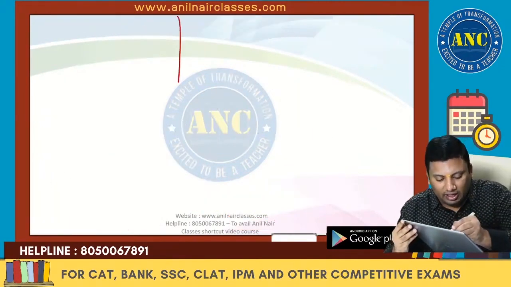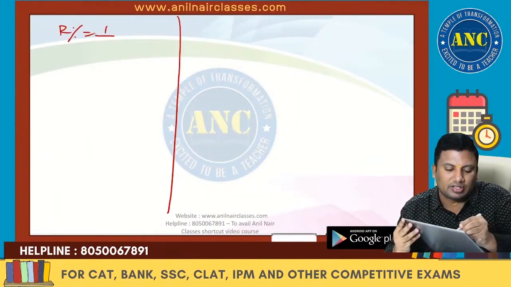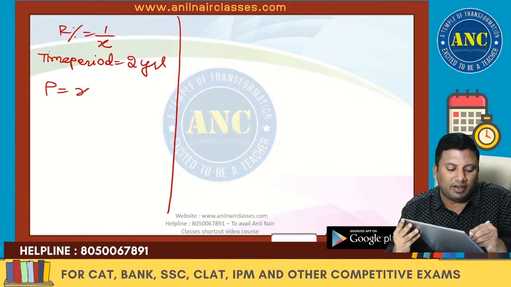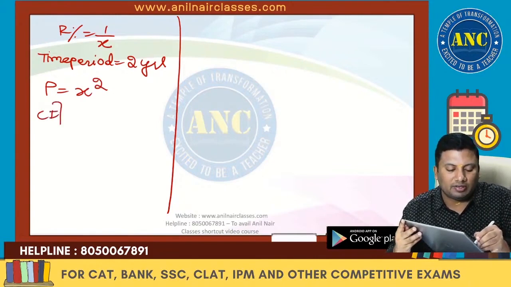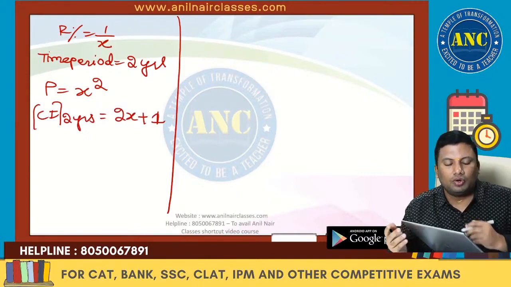First we will write down here. If R percentage is 1 by x and the time period is 2 years, principal in terms of x will be x square. Compound interest for 2 years will be 2x plus 1.